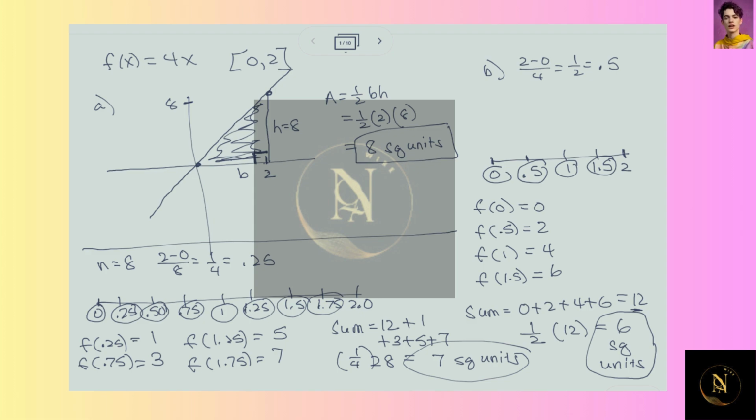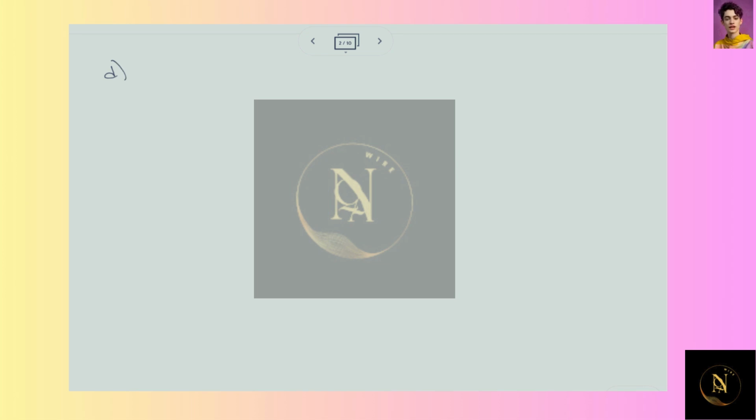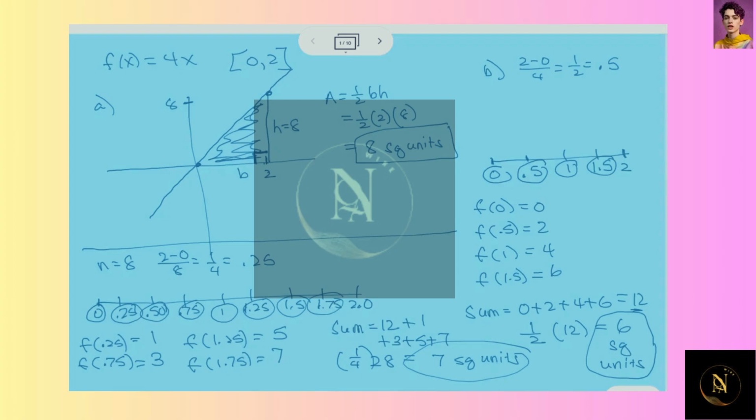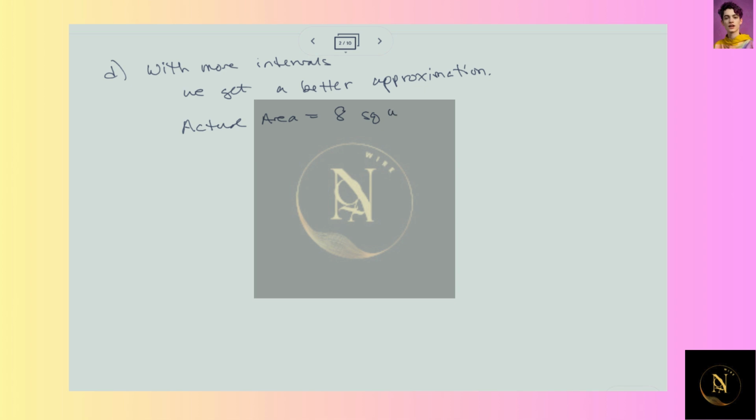And for D, I'm comparing them, right? So let's go to this last one for D with more intervals. We get a better approximation, right? The actual area was, let's go back to that, the actual area was 8 square units.